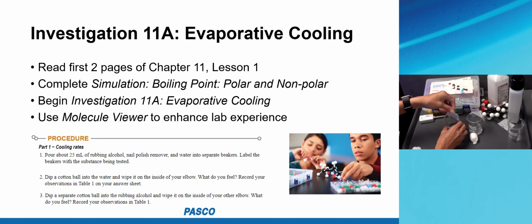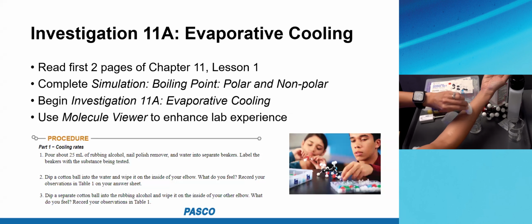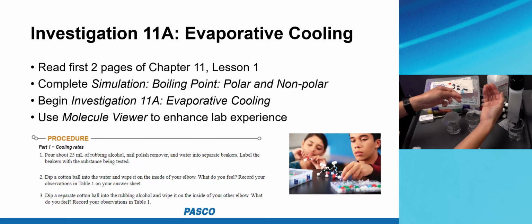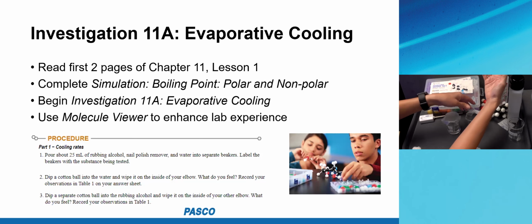Then they do the same thing with a different substance, isopropyl alcohol. The higher the percentage, the better. On the opposite arm, so they wipe some on the inside of the arm, and they qualitatively experience the difference between these two substances.